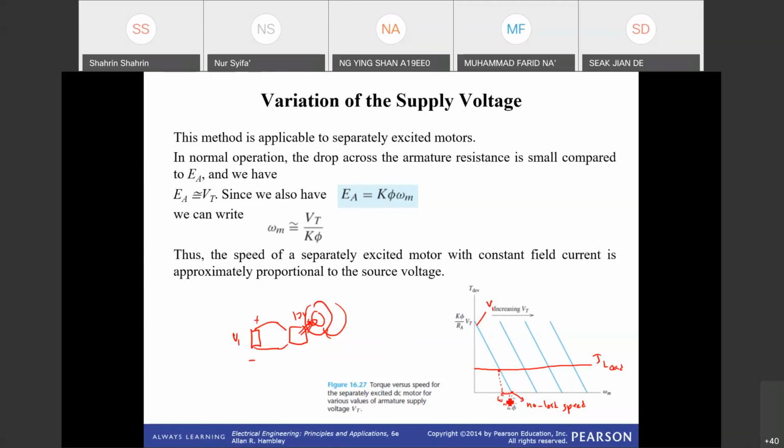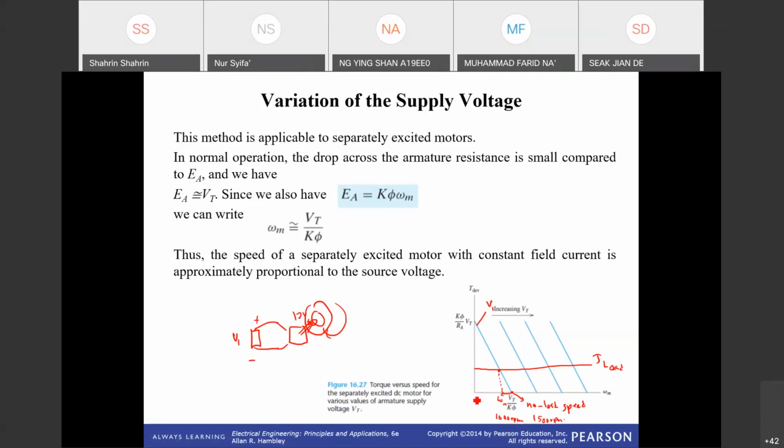Okay, so for example, this one is maybe 1000 RPM. What do you need to do if you want to increase the speed to 2000 RPM, when the no load speed is limited to 1500 RPM, based on this characteristic? When you load the motor, the speed will be reduced, for example to 1000 RPM.